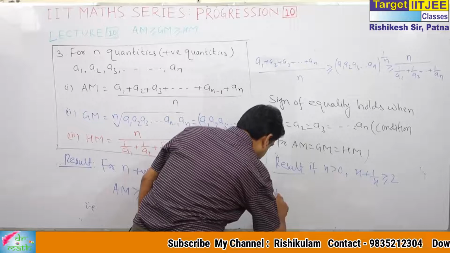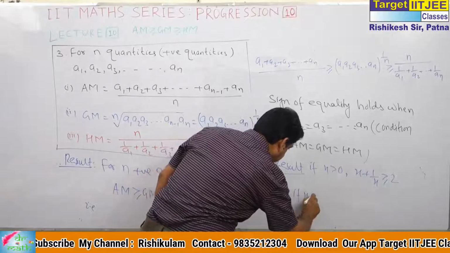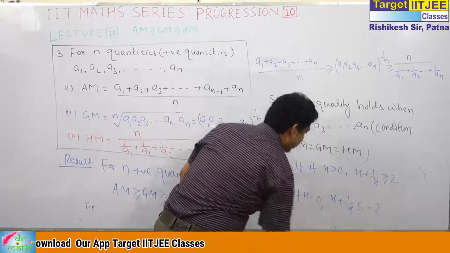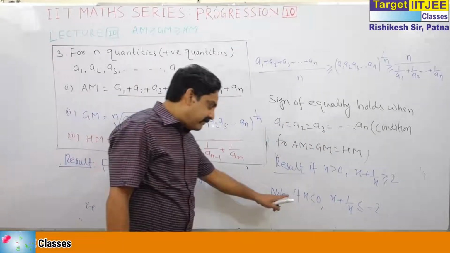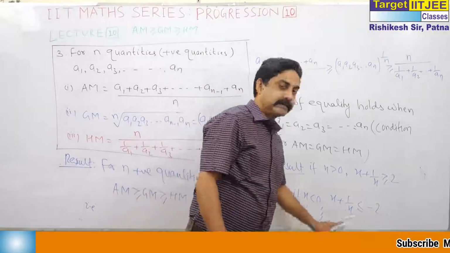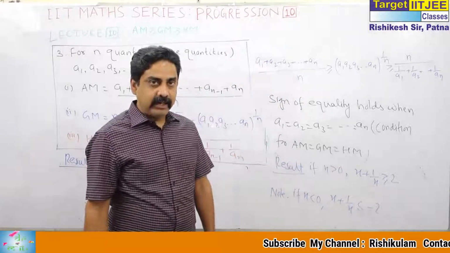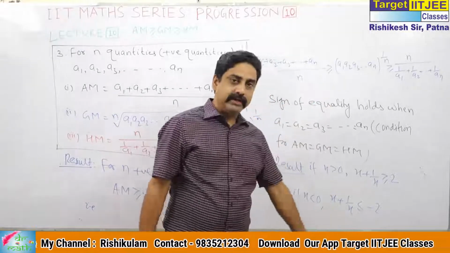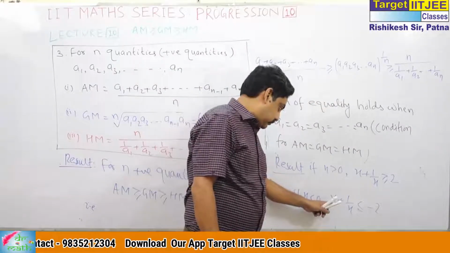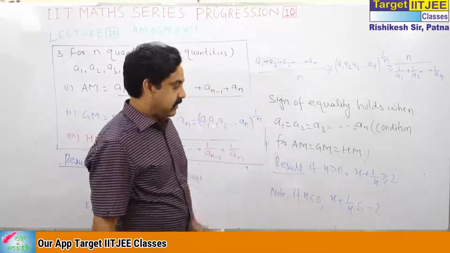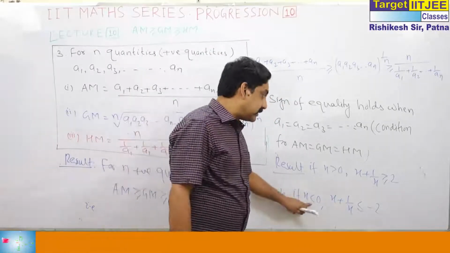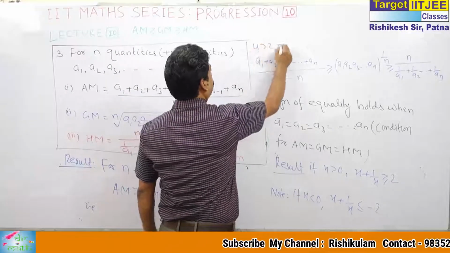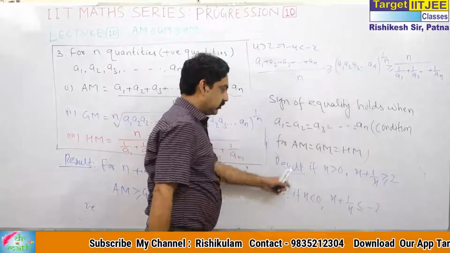And you can also note, if x is less than 0, x plus 1 by x is less than or equal to minus 2. I will not use this result here because I am working with positive quantities, but I can use it in calculus. When we take a negative sign, the inequality reverses: 4 is greater than 2, but minus 4 is less than minus 2.